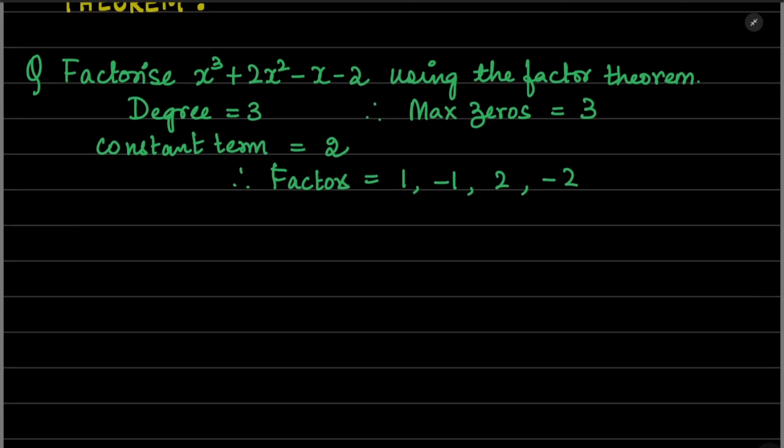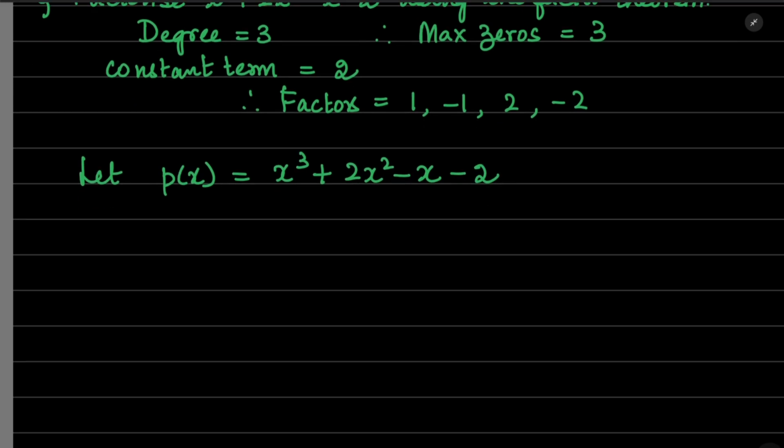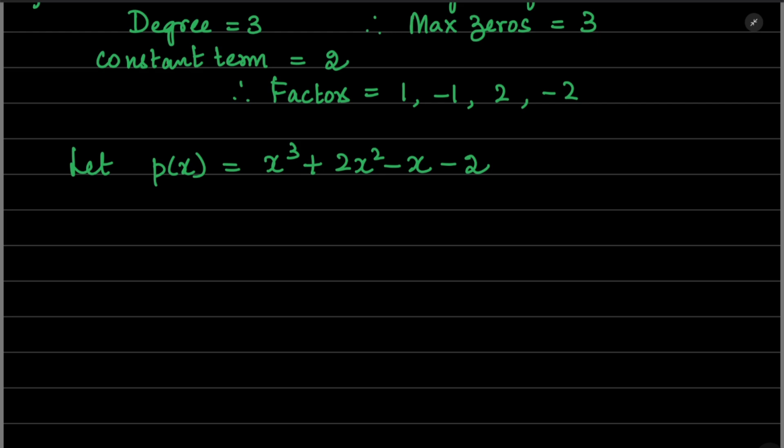So you have to find the zeros. Let the given polynomial p of x be x cube plus 2x square minus x minus 2. Now let us find which of these factors are zeros of this polynomial.